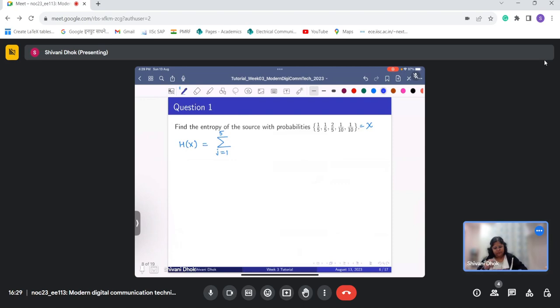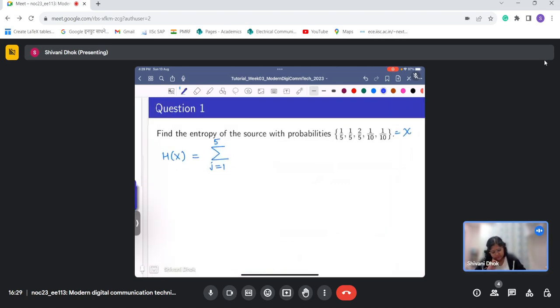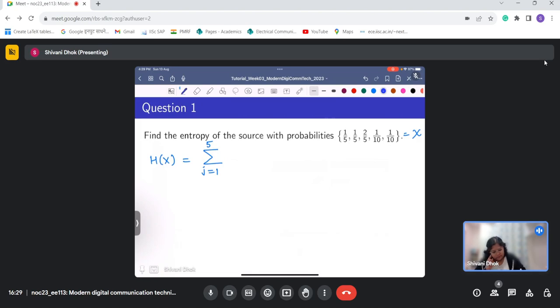Okay. So let's start with today's question session. What is asked is we need to find the entropy of the source with probabilities 1 by 5, 1 by 5, 2 by 5, 1 by 10 and 1 by 10. So the entropy formula says it is summation over j equal to 1 to 5 of pj log to the base 2 of 1 by pj.